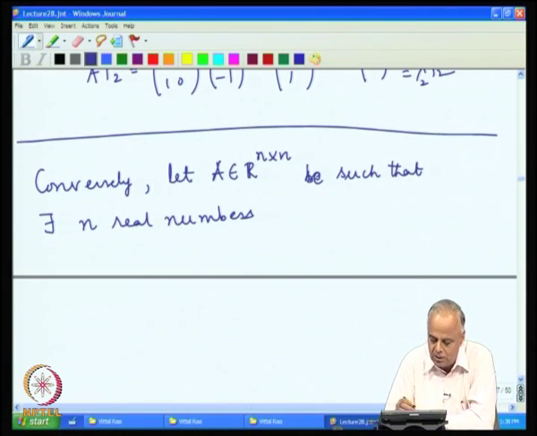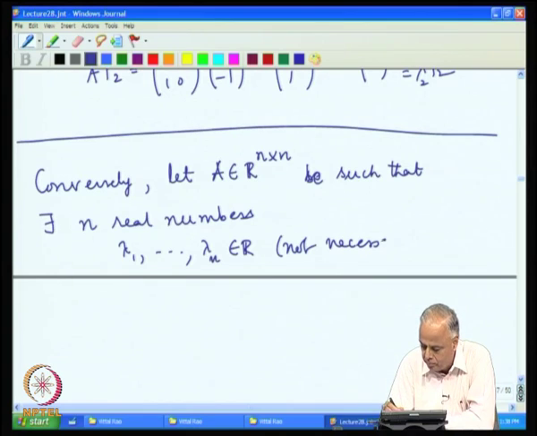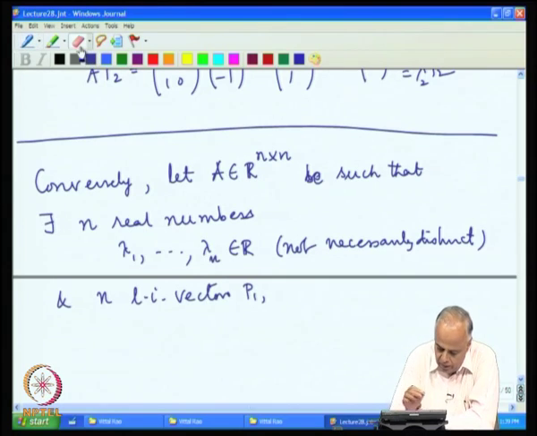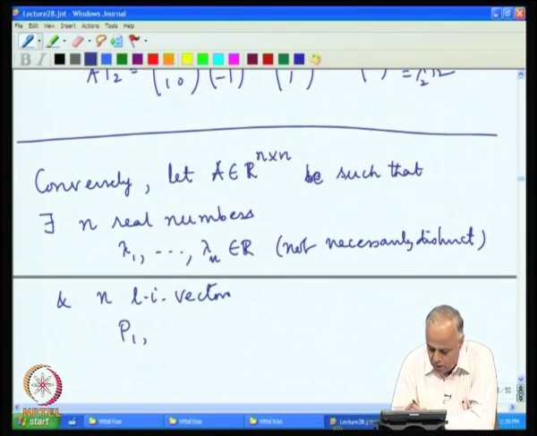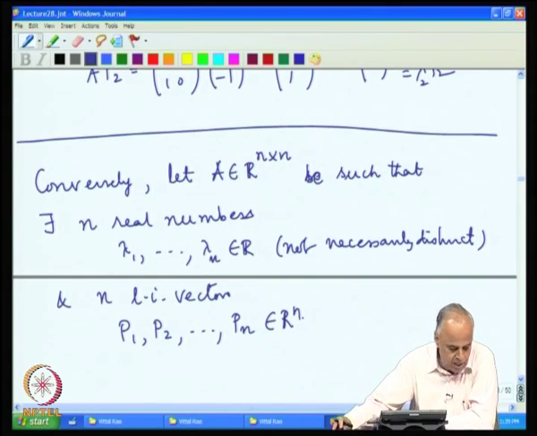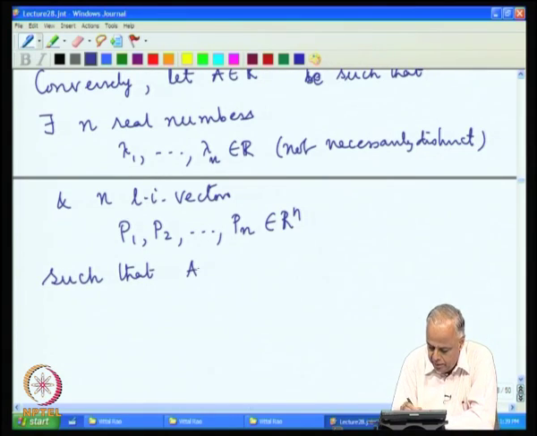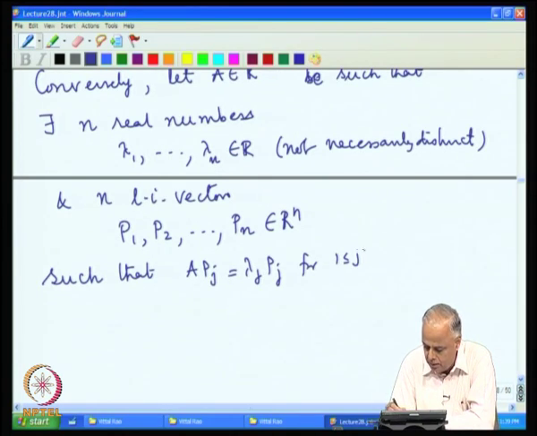Now we are assuming the existence of these numbers lambda 1, lambda 2, lambda n, not necessarily distinct, and n linearly independent vectors p 1, p 2, p n in R n such that A p j equal to lambda j p j for 1 less than or equal to j less than or equal to n.